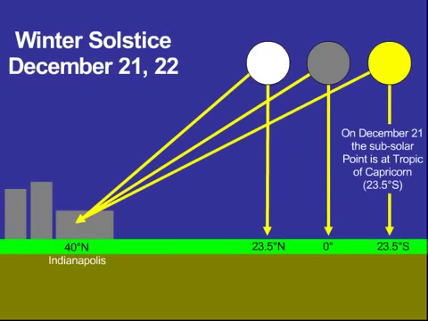And of course, as we've shown beforehand, when the subsolar point is on the other side of the equator, it is about as far away as it can get from us, and thus the lowest angle. So whereas 23.5 degrees north would be the highest angle subsolar point we would ever feel here in Indiana, December 21st is the lowest angle as far as that incoming solar radiation, or insolation.